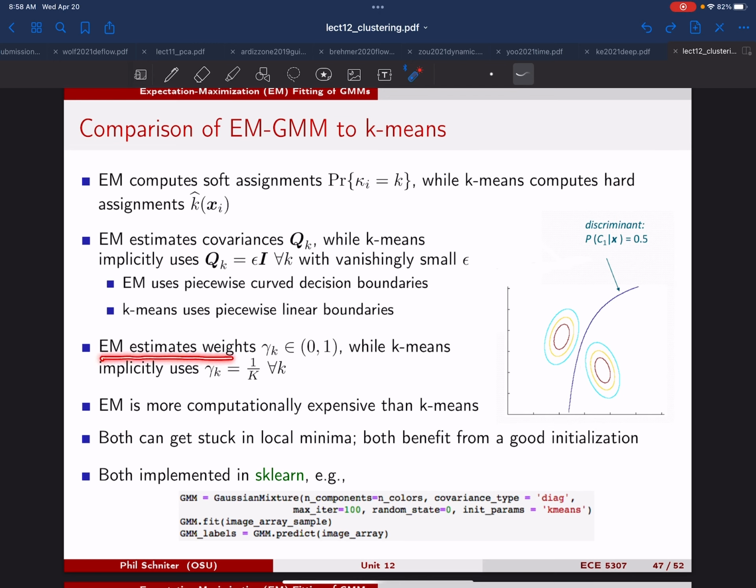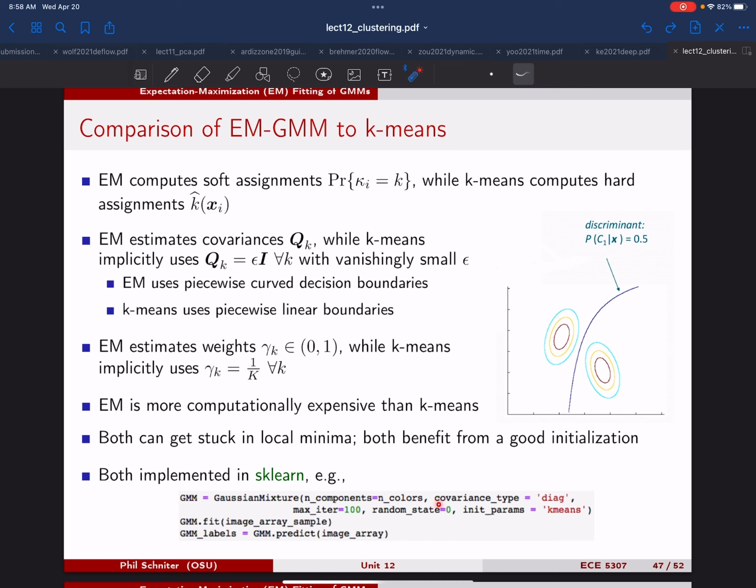EM is estimating these weights gamma, while k-means is implicitly using just uniform weights. EM is more computationally expensive than k-means, but it's trying to give you a better approximation. Both of them can get stuck in local minima. Both benefit from a good initialization, and both are implemented in sklearn in a very easy way.